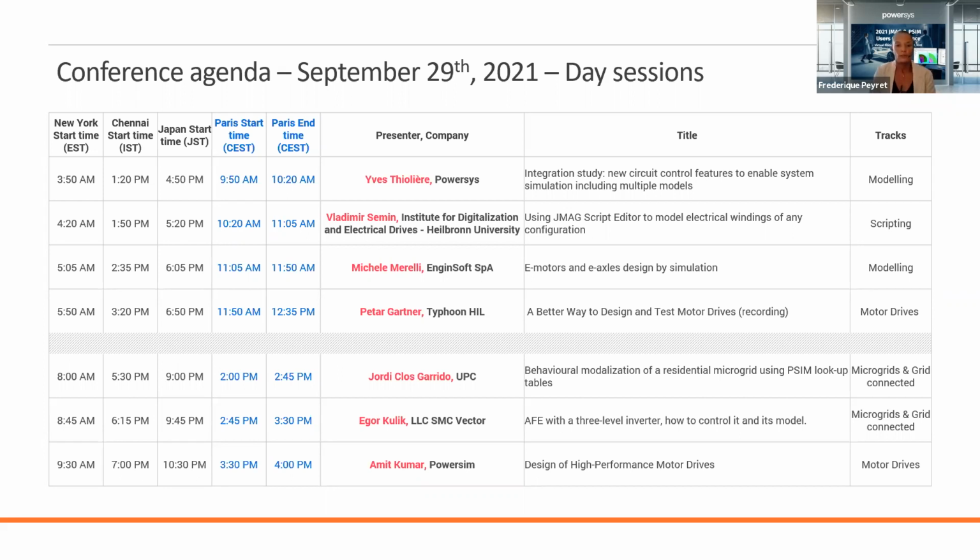At 2:45 p.m., Egor Kulik from LLC CMC Vector will present AFE with a 3-level inverter, how to control it and its model. And we will end the day sooner than yesterday at 3:30 p.m. with the presentation of our partner PowerSim. So Amit Kumar will present a design of a high-performance motor drives.